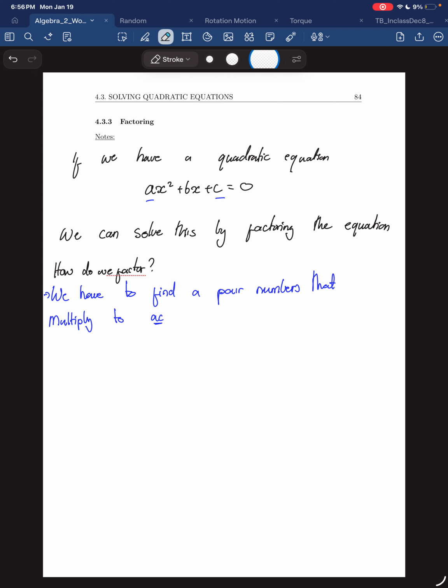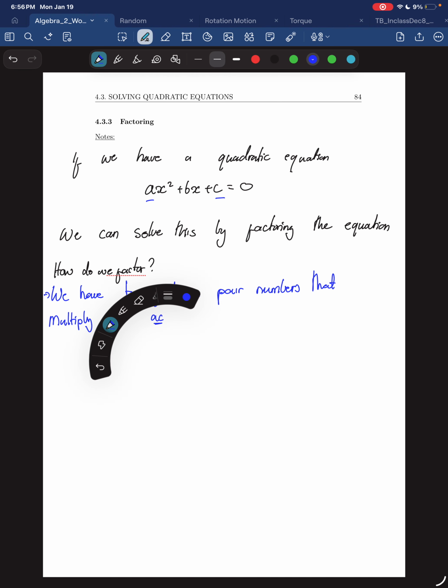So we have to find a pair of numbers that multiply to AC and add to B. That is what we're doing in this factoring regime.